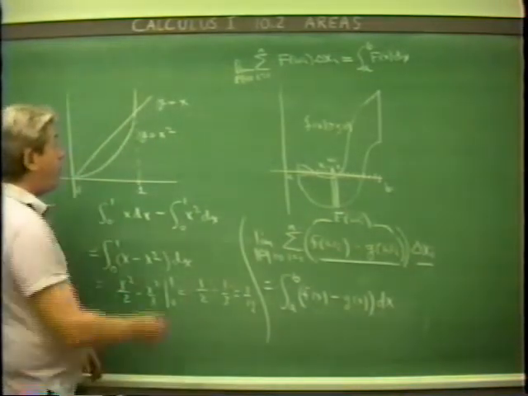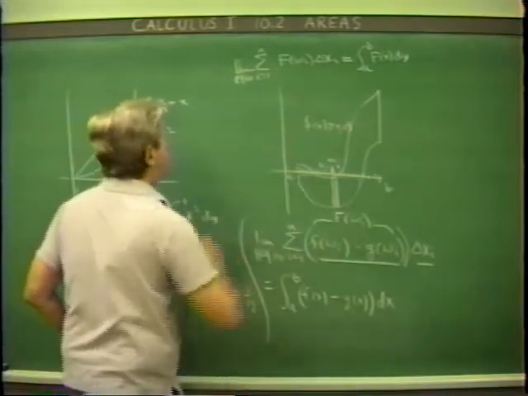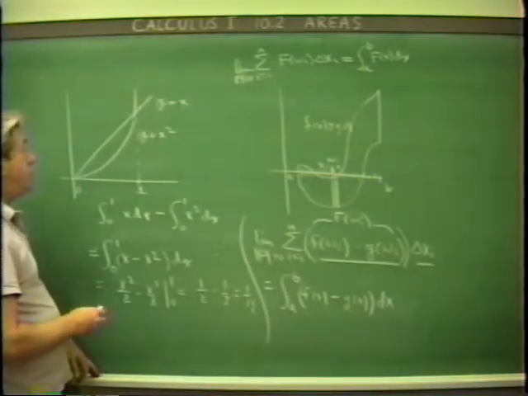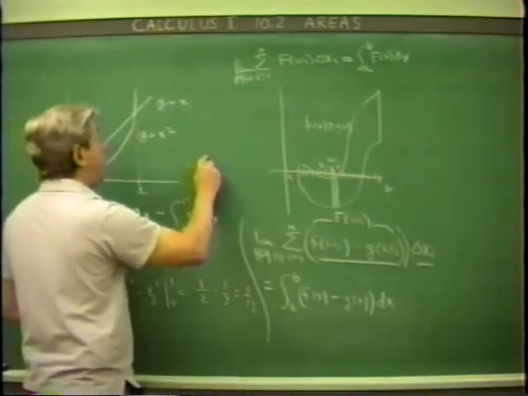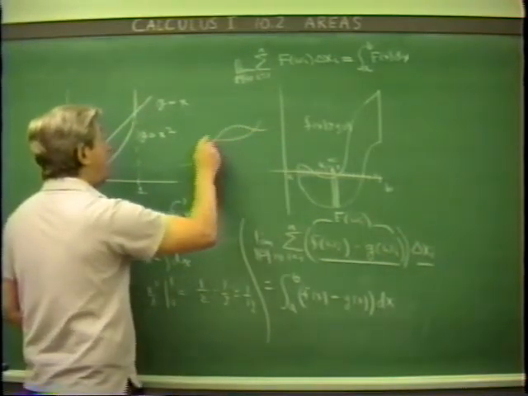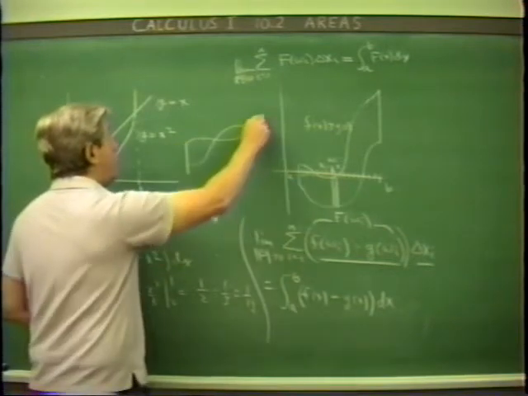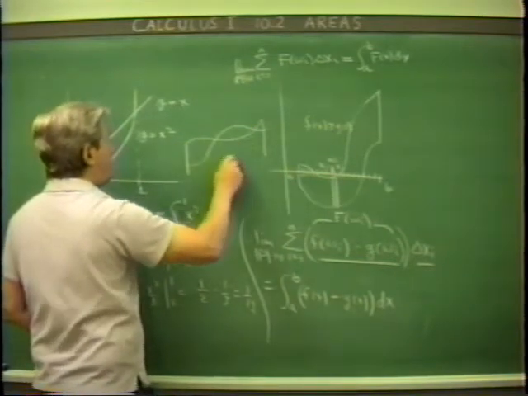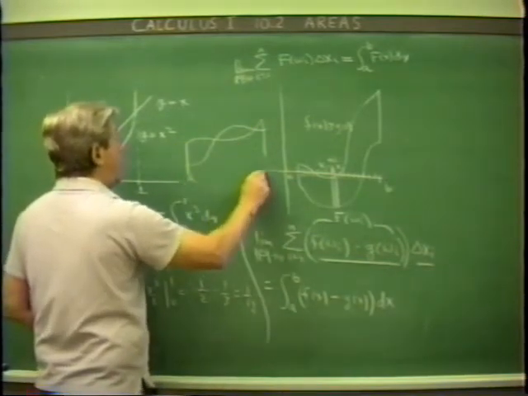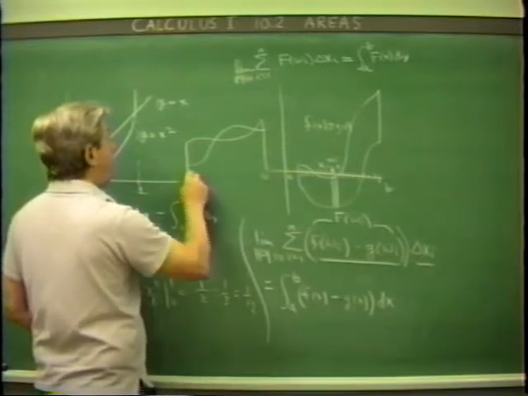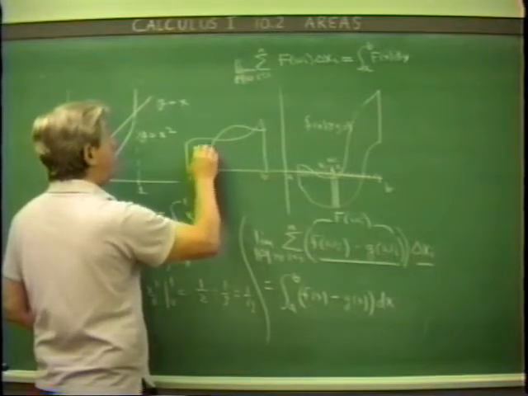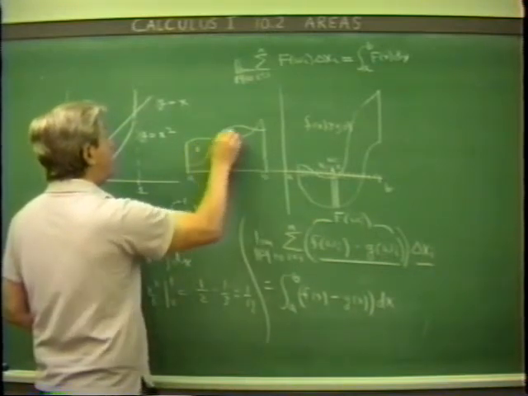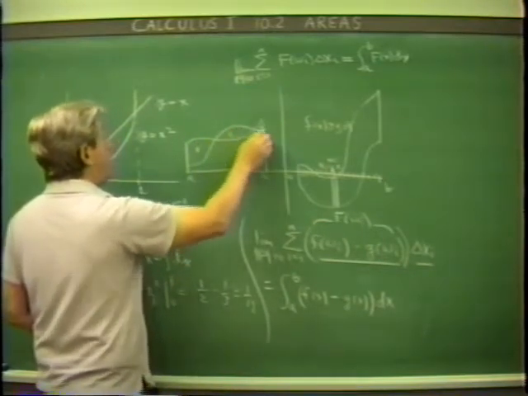In general, if f of x is not larger than g of x, then what you may need to do is to determine at what intervals f of x is larger than g of x. So, for example, if f of x looked like this, and g of x like this, and we were interested in the area between a and b of the region between f of x and g of x, we would want this, this, and this.